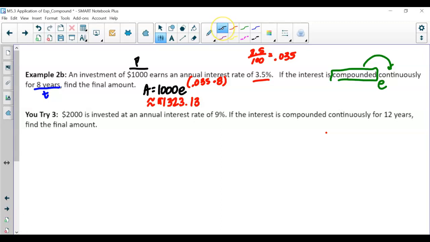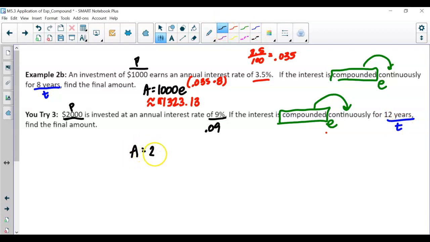And here we go. So here you have 2,000, that's your principal. You should have noticed 9%, so your rate you should have gotten is 0.09, right? 9 out of 100. You should have also noticed, here's our keyword compounded, how often? Continuously. That's why we're using E for 12 years. So that is your T. We're finding the final amount.